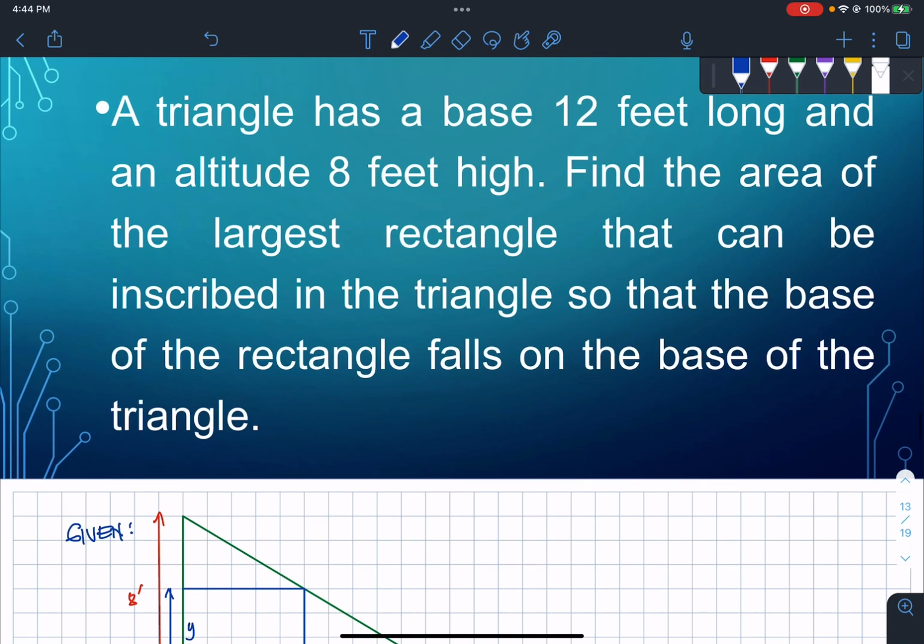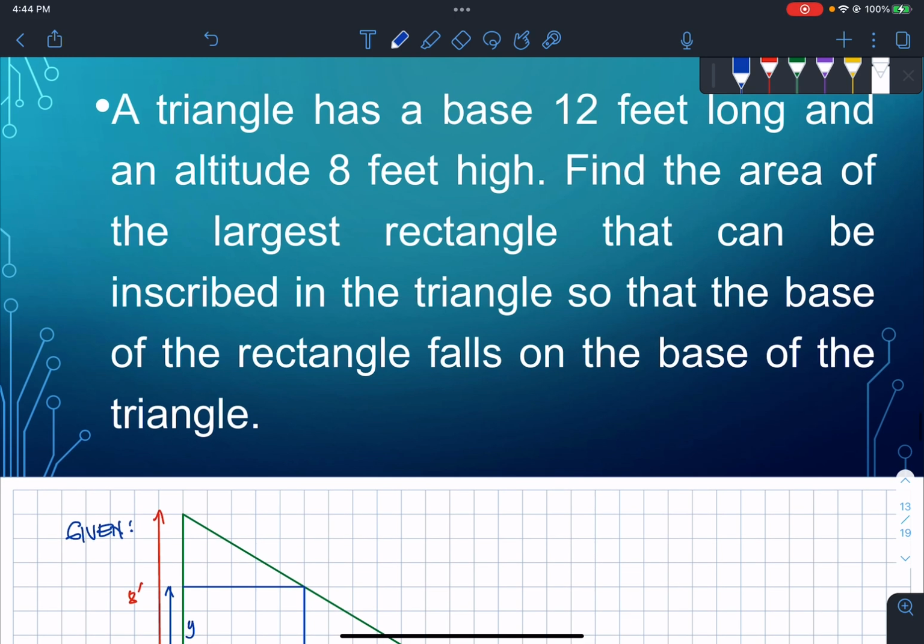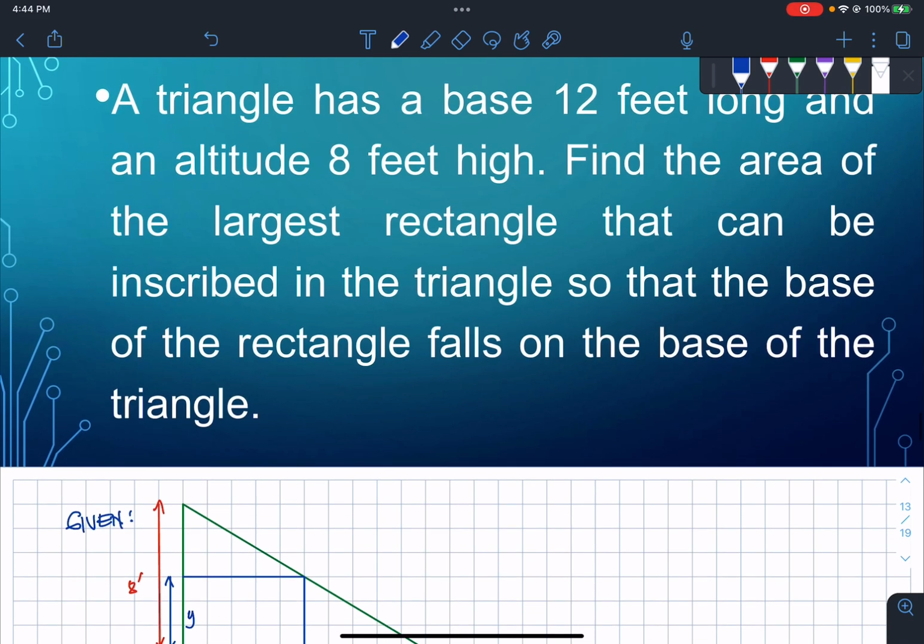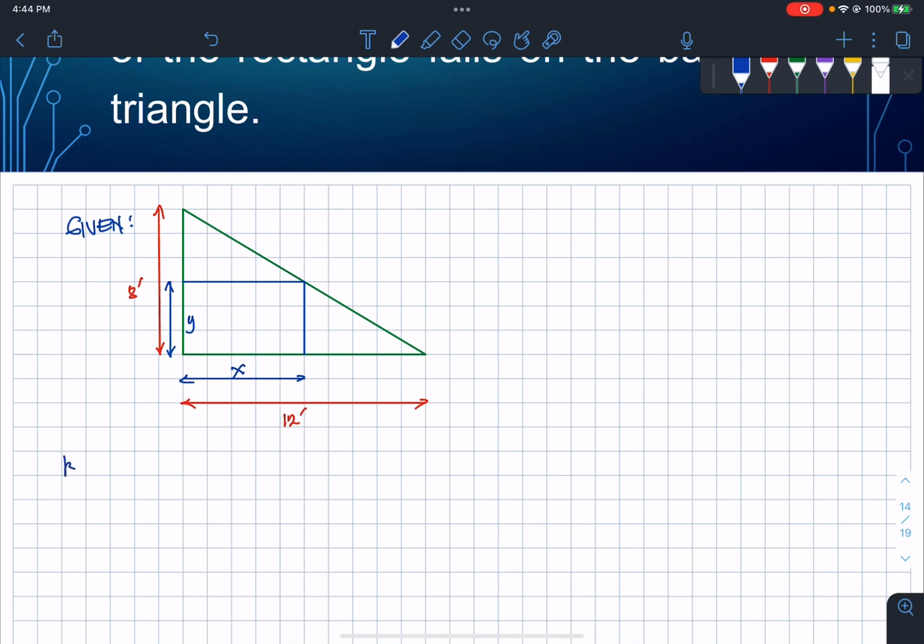So we are to maximize the area. The area of the rectangle is x times y, and we have to maximize that area.